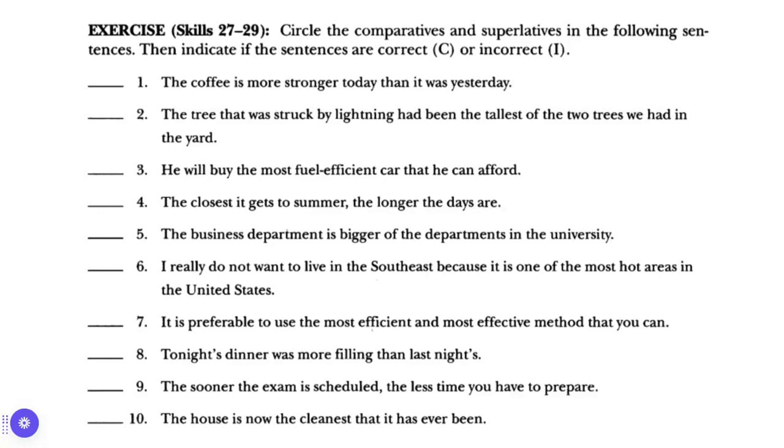The closest should be the closer. 5, incorrect. Bigger should be the biggest. Number 6, incorrect. Most hot should be hottest. And numbers 7 through 10 are all correct.